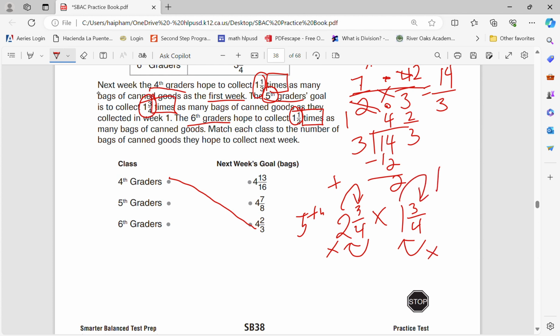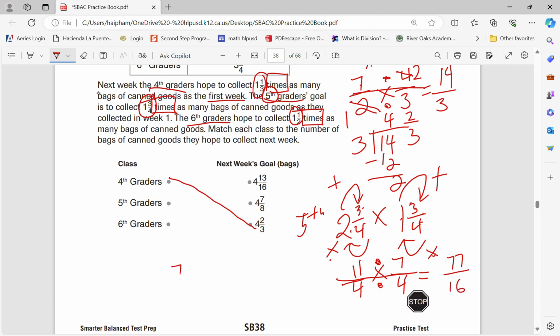First, we multiply, then we add. 4 times 2 is 8. 8 plus 3 is going to give me 11 over 4 times 4 times 1 is 4 plus 3 is going to give me 7 over 4. So we are unable to cross cancel here. Let's just go ahead and multiply across. 11 times 7 is going to be 77. 4 times 4 is 16.